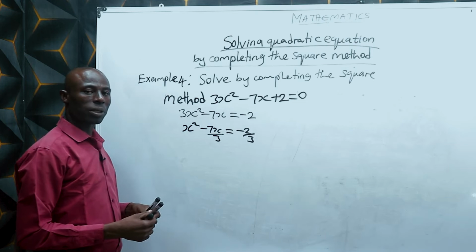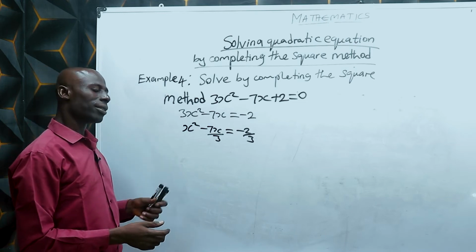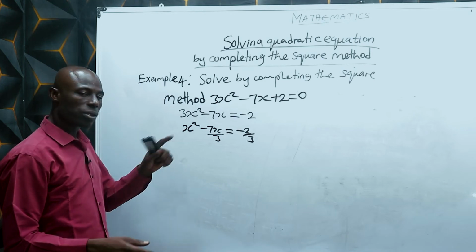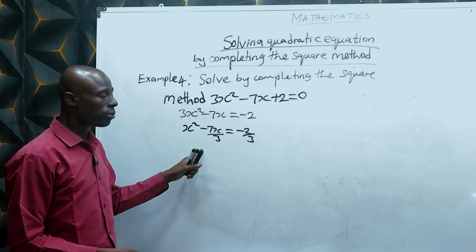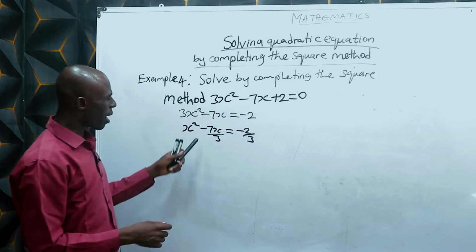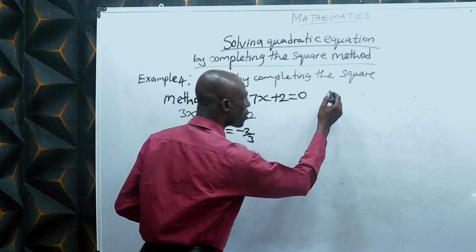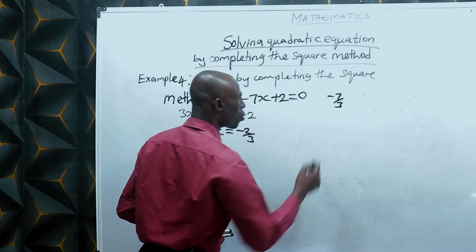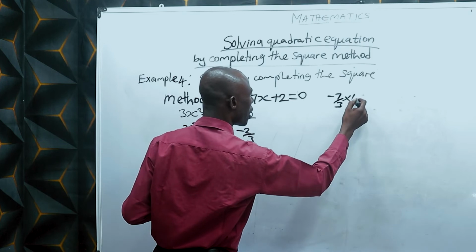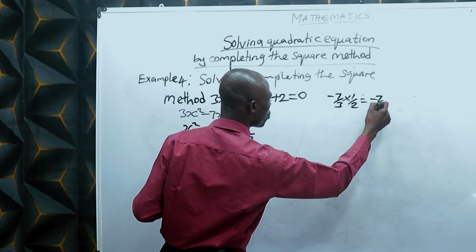Now the last step: we are to add the square of half of the coefficient of x to both sides. The coefficient of x at this level, not the coefficient of x at the beginning, is minus 7 over 3. Half of it will be minus 7 over 6.